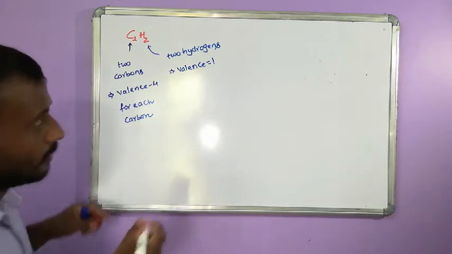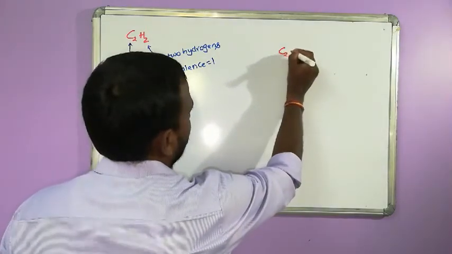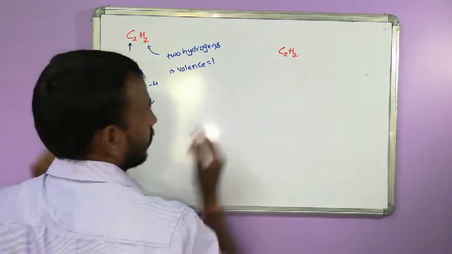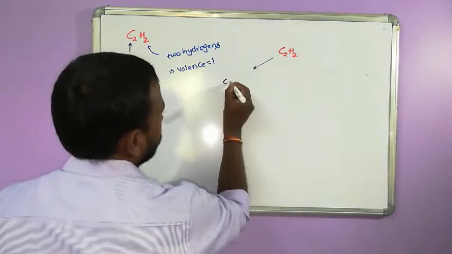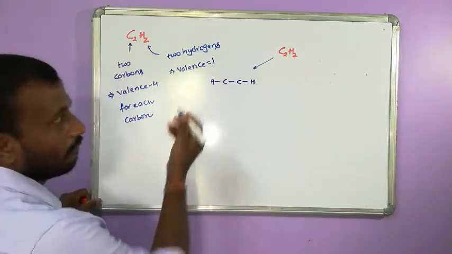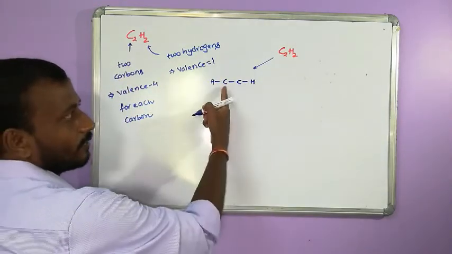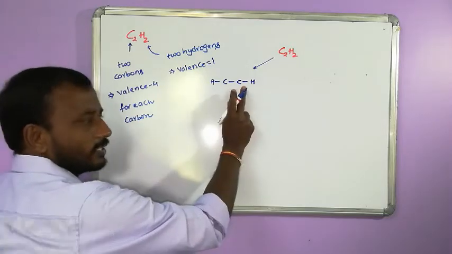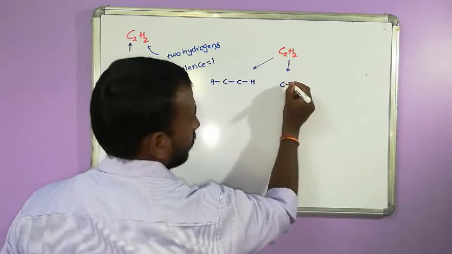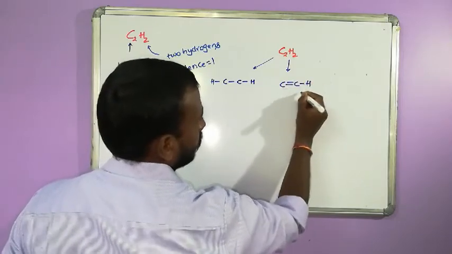So, let us work upon this. Let us randomly try to write the structures. Let us say somebody wrote like this: CCHH. Valence of carbons are not satisfied while valence of hydrogens are satisfied. Somebody may try like this: C double bond C, hydrogen.